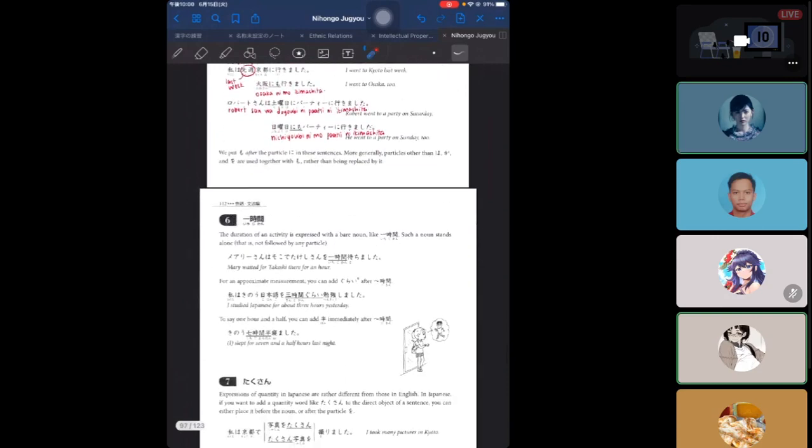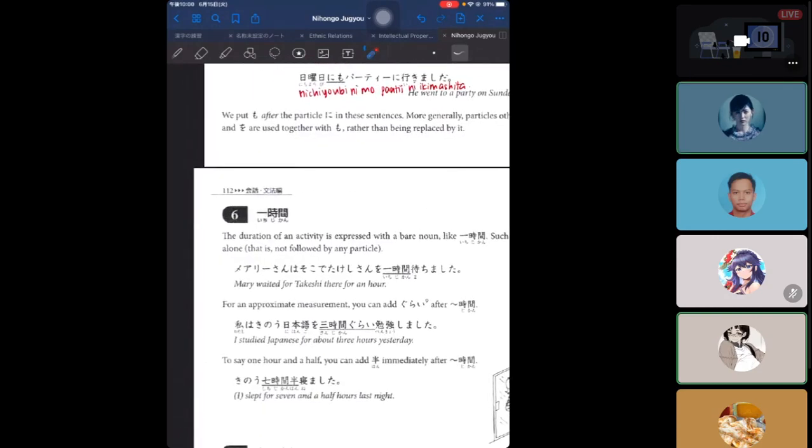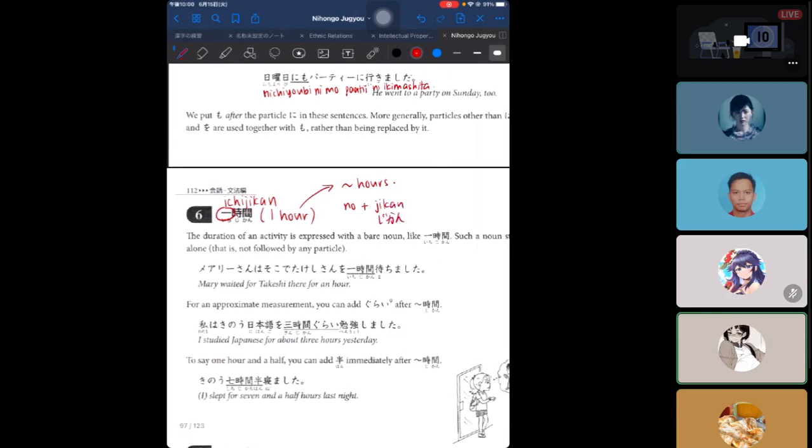The next one is 1時間. So 1時間 in this one means 1 hour. But basically, this grammar is teaching us how to say how many hours. So the front part, 1, you can change to any number, and then just add 時間.